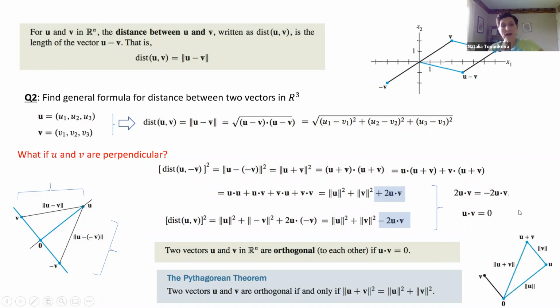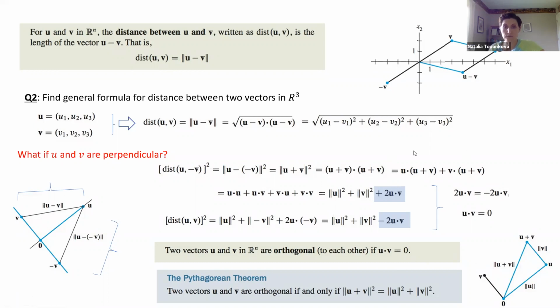We can expand it to multidimensional space and say that two vectors u and v are orthogonal if and only if the squared length of the sum of the two vectors, the multidimensional hypotenuse, is equal to the sum of the squared lengths of u and v.